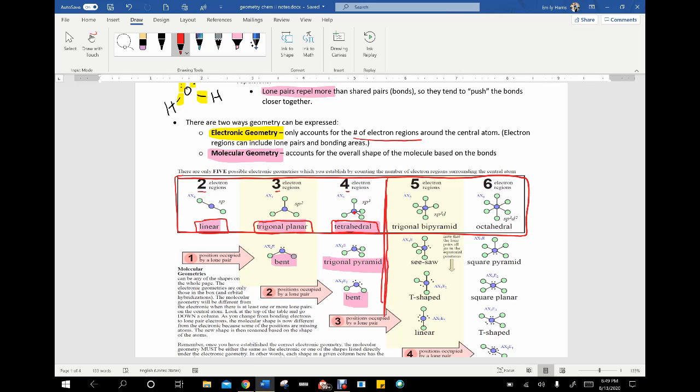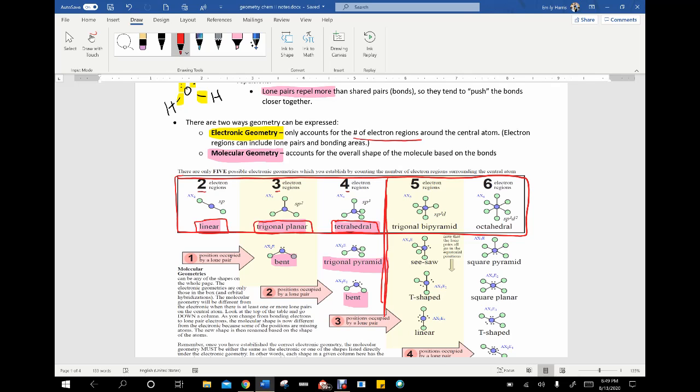So if you have a center atom and there are no lone pairs whatsoever, that means you've got 4 bonds. And so electronically, your geometry is tetrahedral, but that also means from a molecular standpoint, it's tetrahedral as well. That molecule has 4 bonding regions evenly spaced apart.